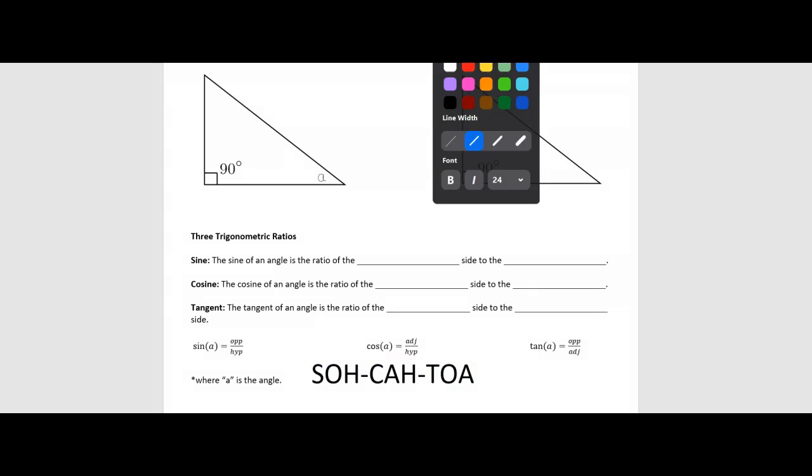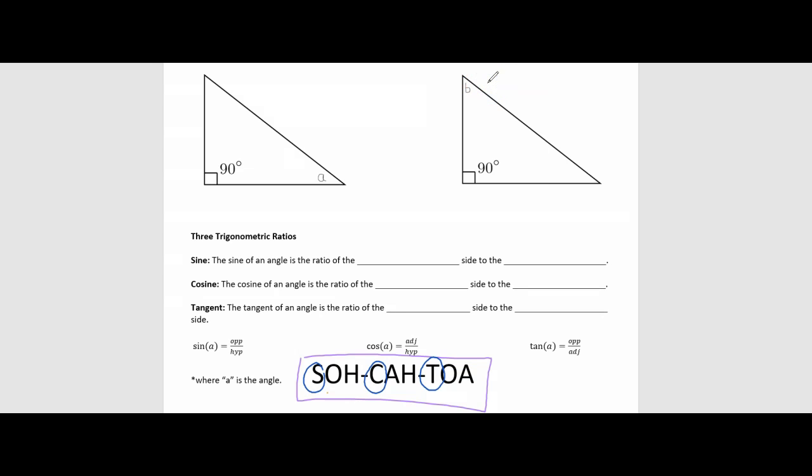And the other two letters next to it represent the sides of the ratio. So sine, opposite over hypotenuse. Cosine, adjacent over hypotenuse. Tangent, opposite over adjacent. So, SOH CAH TOA. That is the mnemonic to remember the ratios for sine, cosine, and tangent.